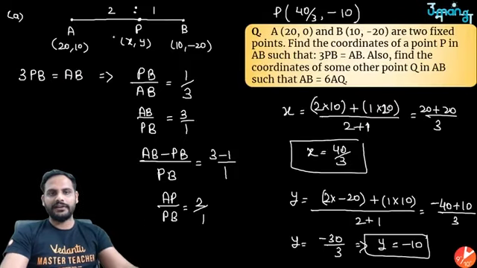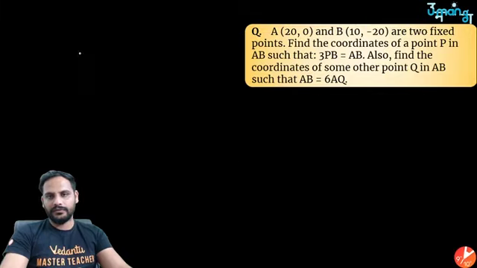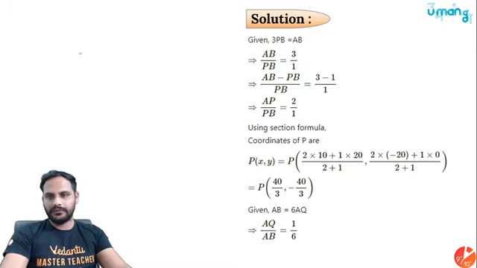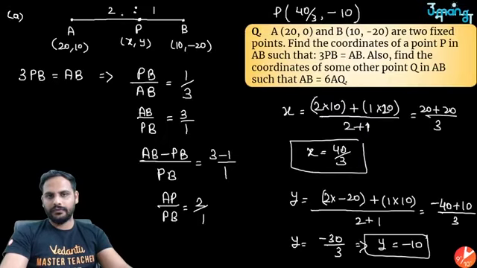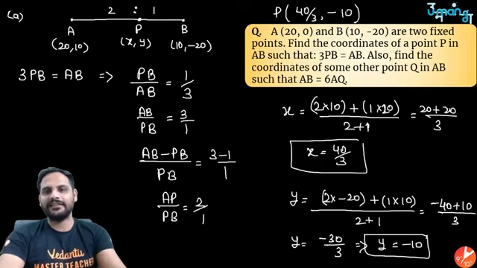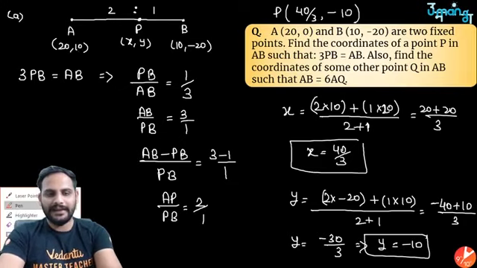Oh, acha, I have taken 20 comma 10. Acha, this is 20 comma 0 and I have taken it as 20 comma 10. ठीक है, that is a typing mistake, no problem.